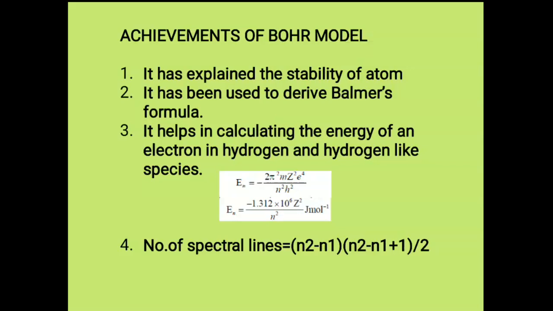For example, if an electron jumps from fourth shell to the first shell, total number of spectral lines expected here are (4 minus 1)(4 minus 1 plus 1) upon 2. That means the answer will be 3 multiplied by 4 upon 2, that is 6 lines will be present in the spectrum when an electron jumps from fourth shell to the first shell.